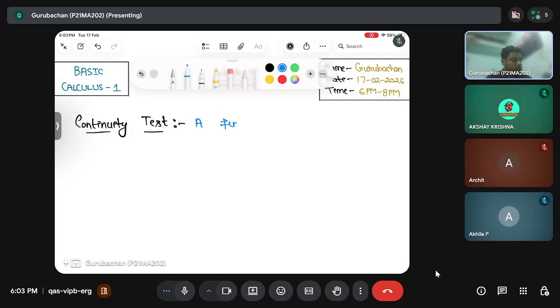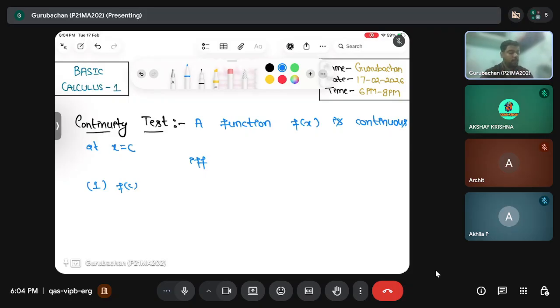A function f(x) is continuous at x equal to c if and only if, first of all, f of c must be defined.